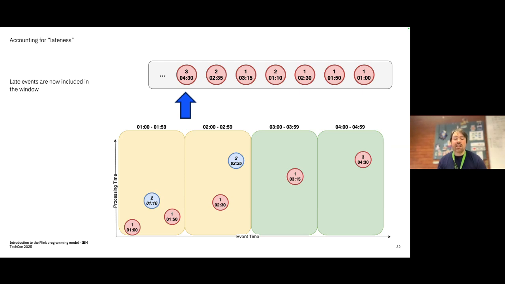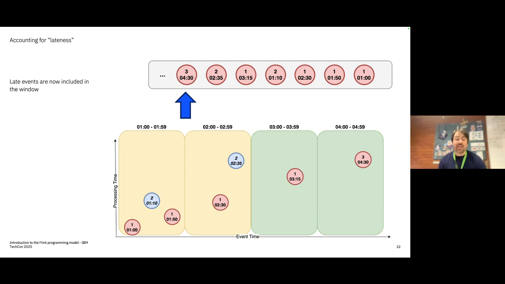However, the implications of this, and again, the reason this is important from the overall programming model, is that the events are contained inside the buckets, but you'll notice that two windows are open now, the 3 till 3:59 and the 4 till 4:59.